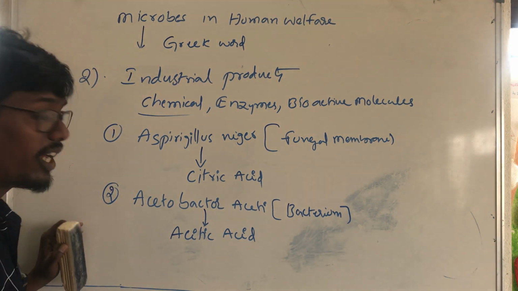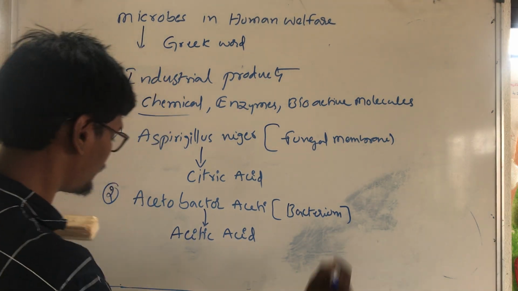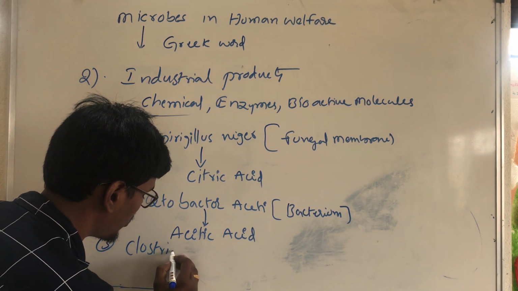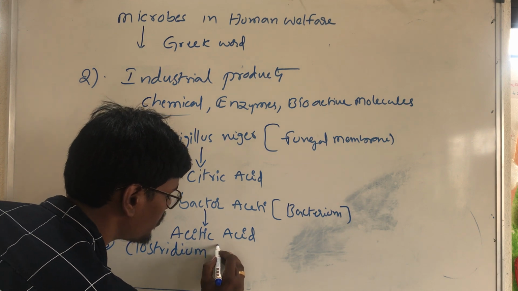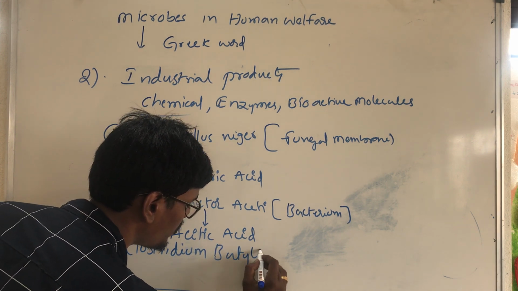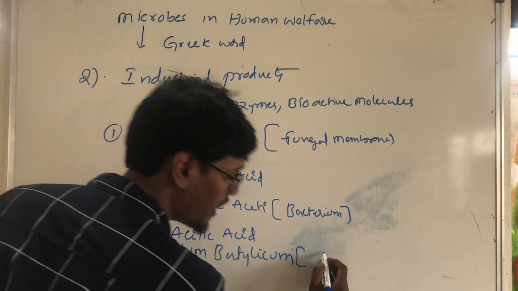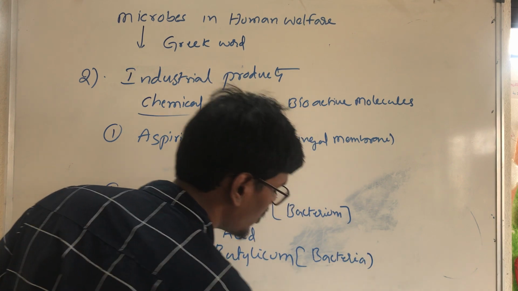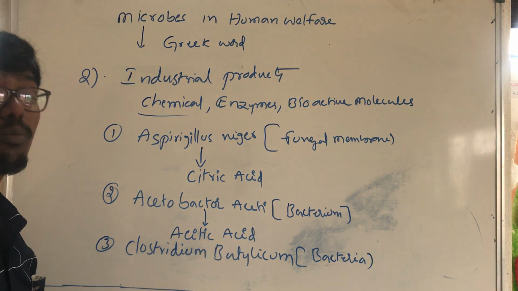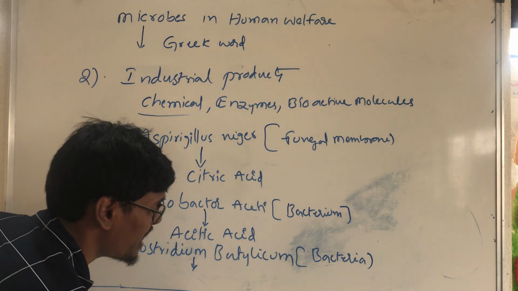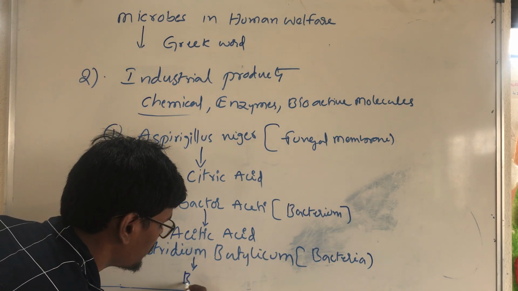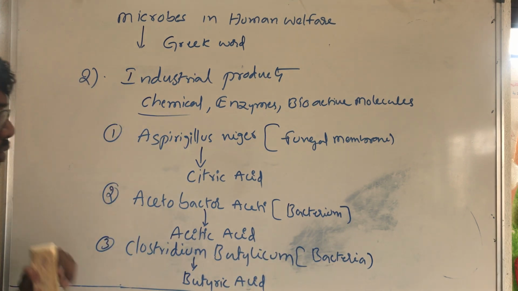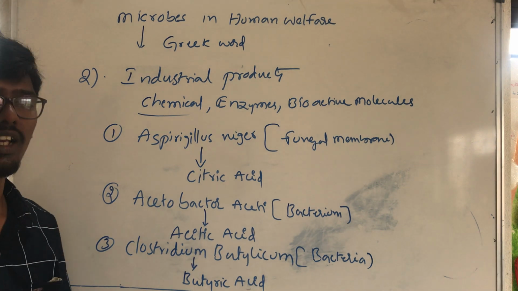The third one is Clostridium butylicum. It is also a bacterium that produces butyric acid.